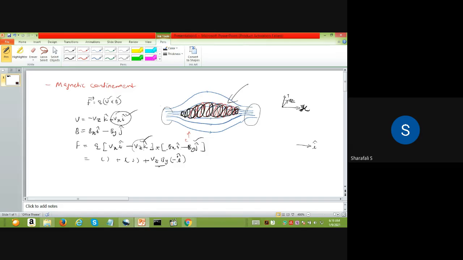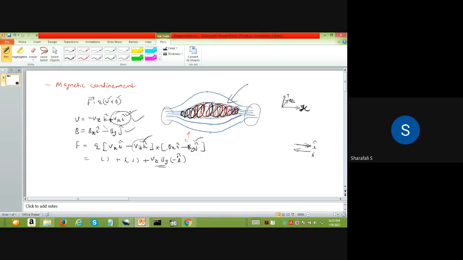So what happens here is that initially I was having velocity component Vx in that X direction, and that is just reversed. Minus i means that this is my minus i. So at this point, you consider this point where you have a magnetic field and velocity like this.